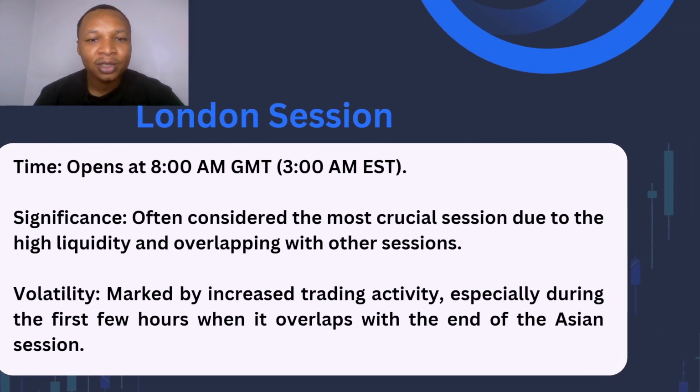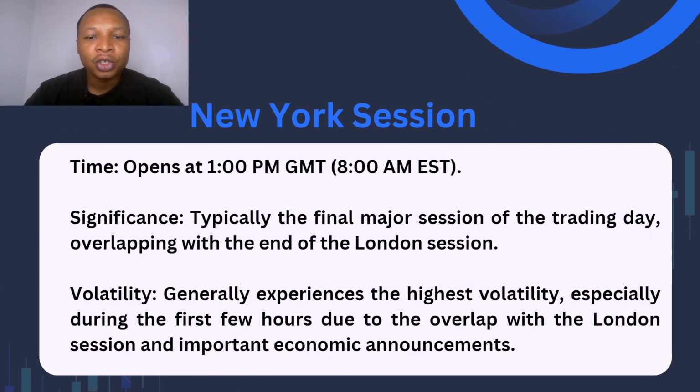Now, the last trading session we're going to talk about is the New York session. The New York session opens at 1 p.m. GMT, which is about 8 a.m. EST. All right. Now, the significance of this trading session is that it is typically the final major session of the trading day, overlapping with the end of London. I'm going to show you a map that shows the overlap of these sessions.